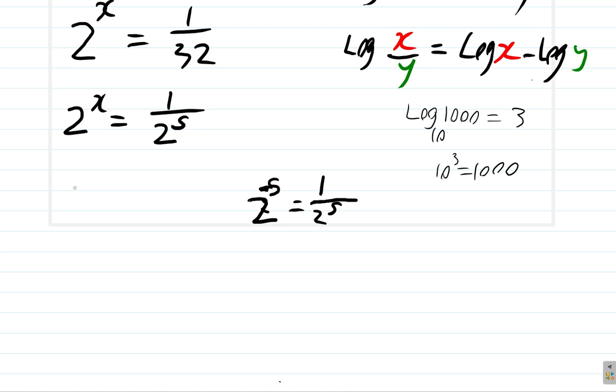So here, 2 to the x is equal to 2 to the negative 5. So x would have to be what? Look at the powers. Powers must be the same. So x is equal to negative 5. Alright? So you have to remember your laws and rules of indices.